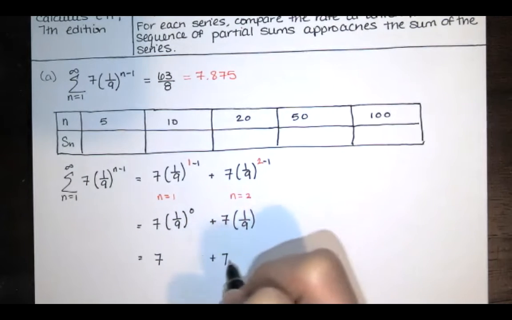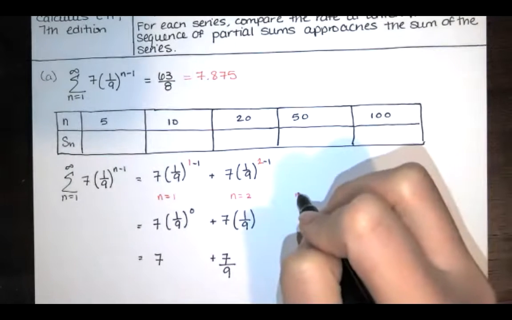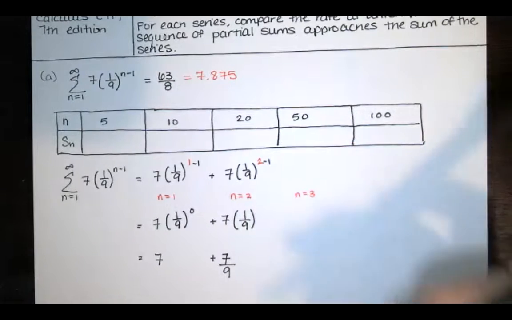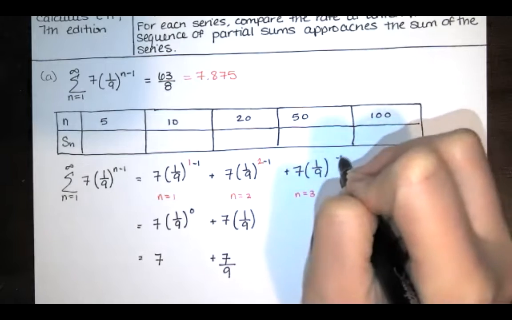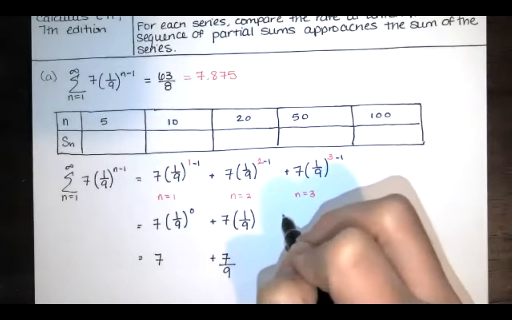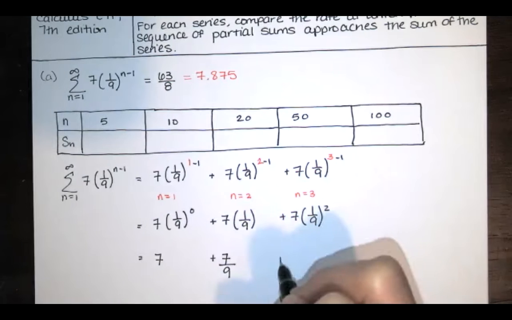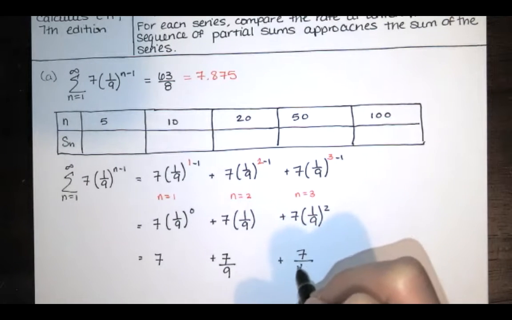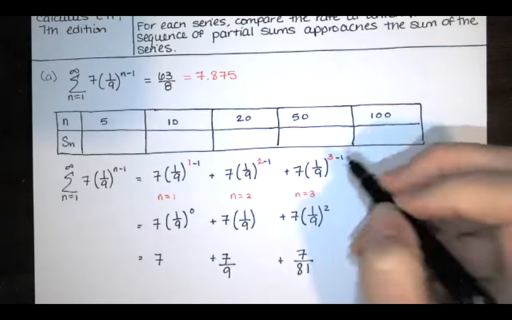So we're going to get 7/9 there. And then we substitute in n equals 3. So we have 7 times 1/9 raised to the 3 minus 1. This is 7 times 1/9 squared, or 7/81. And you keep going like this.